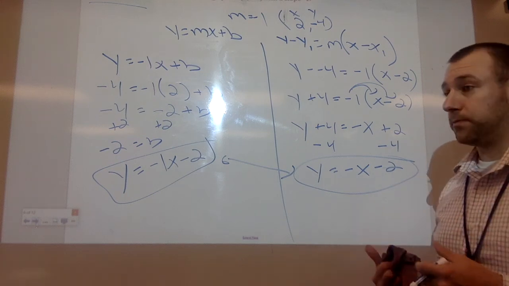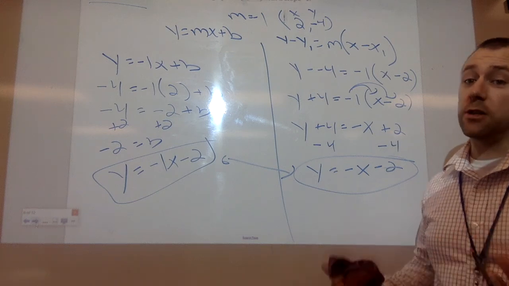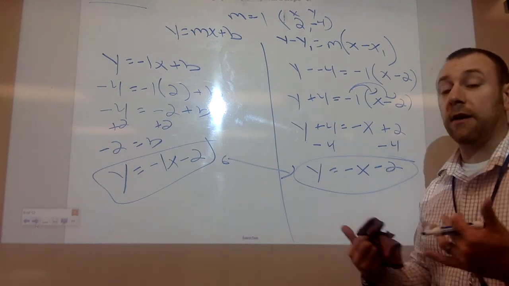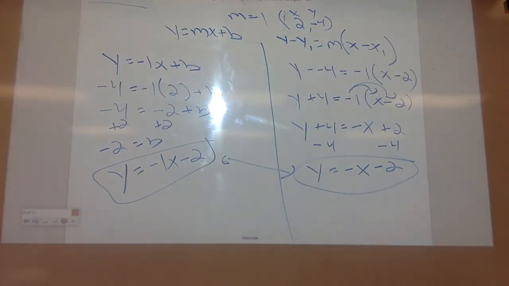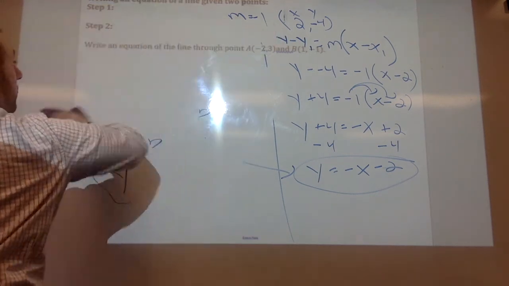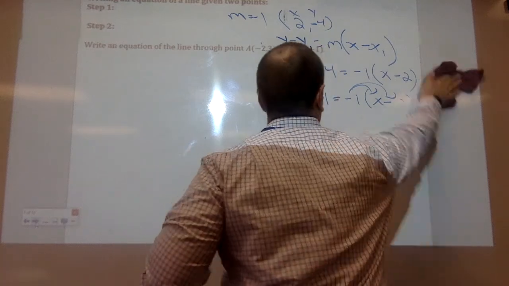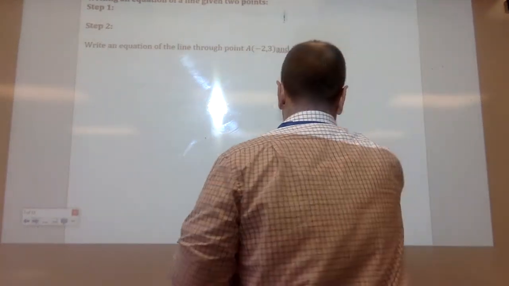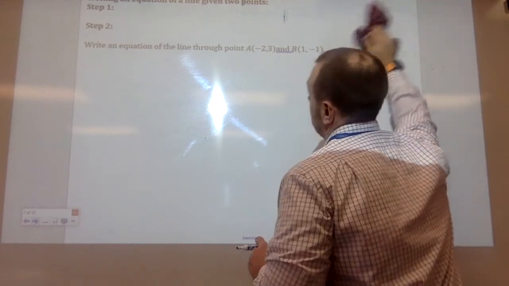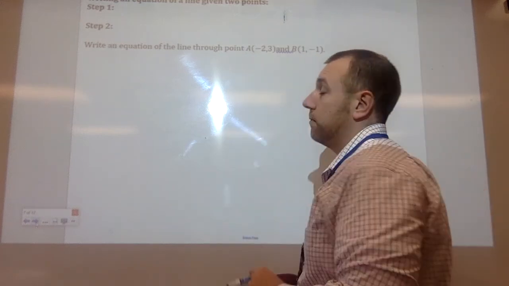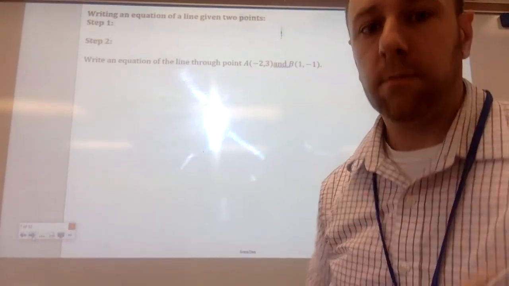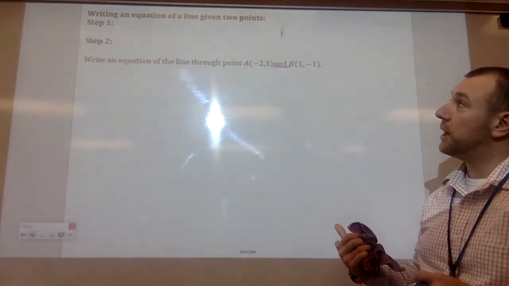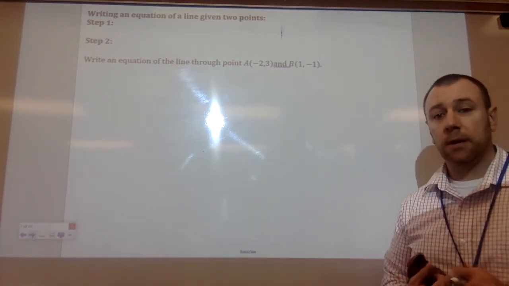Now I'm going to show you the next step, in which I don't have my slope and I have only 2 points. So when I have 2 points, it's a two-step process.